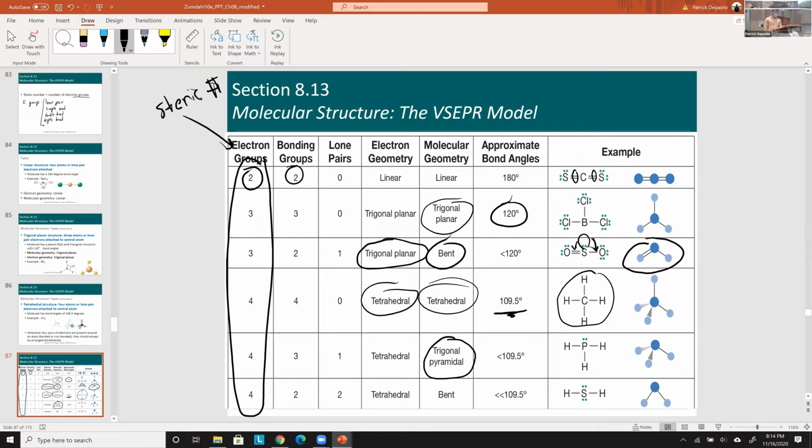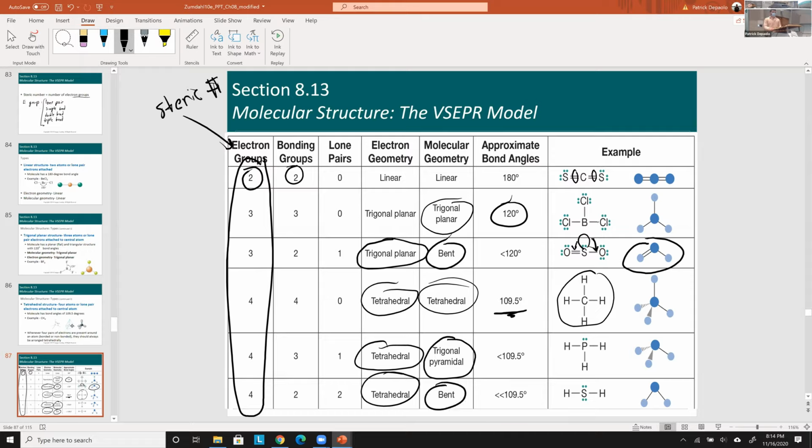But the electron geometry for all of these cases will still be tetrahedral because the electron groups remain the same, still 4. Then we can take away another bonded pair and replace it with a lone pair. This will more greatly push the remaining bonded atoms together, making a bent structure again.